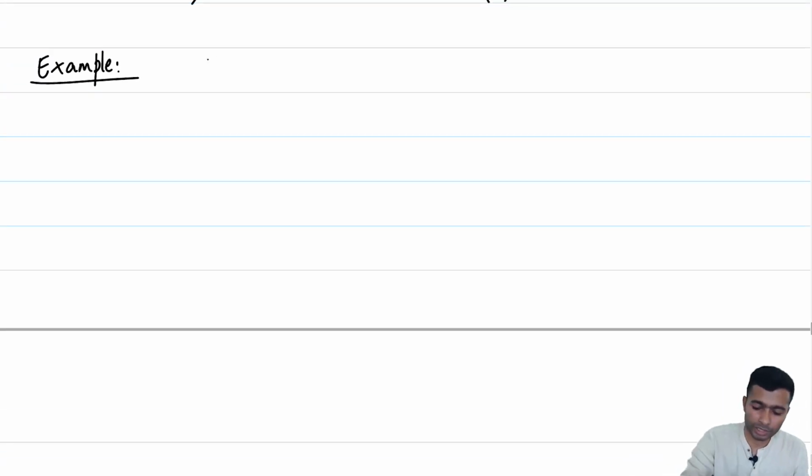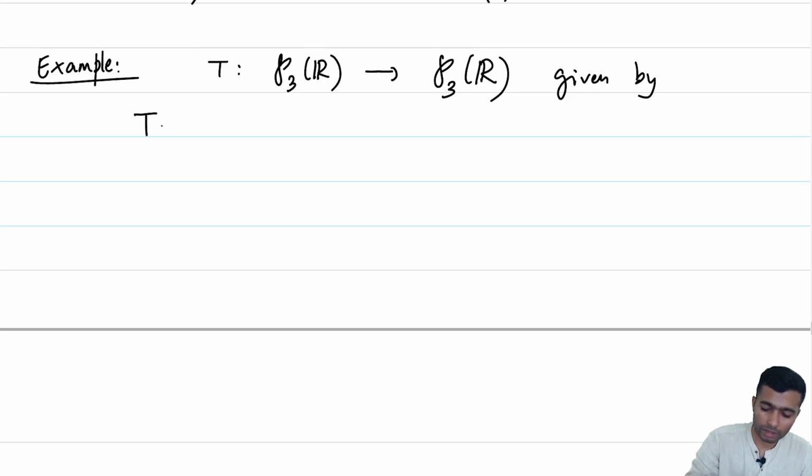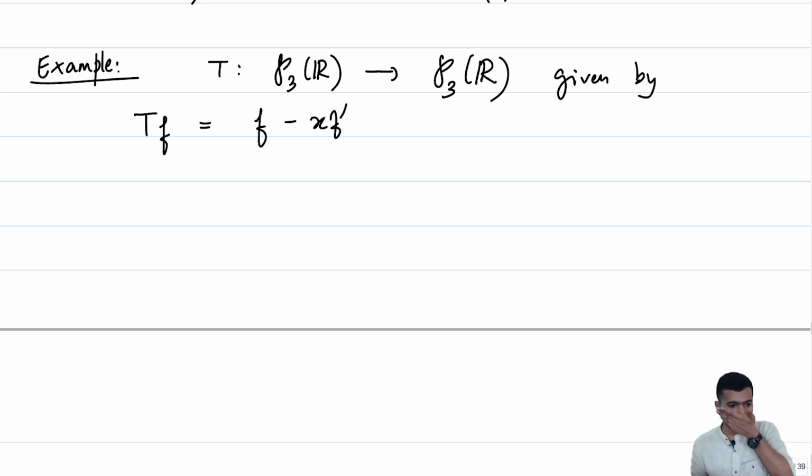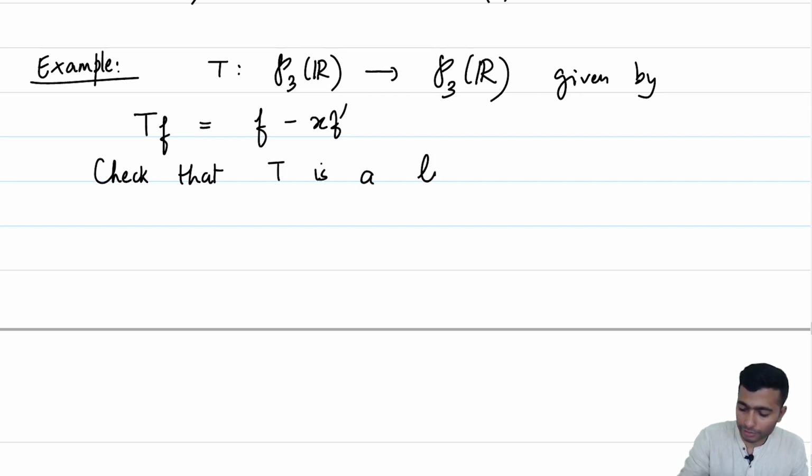Suppose T is a map from P3 of R to itself given by T of f is equal to f minus x times f prime. You should check that this is a linear transformation.